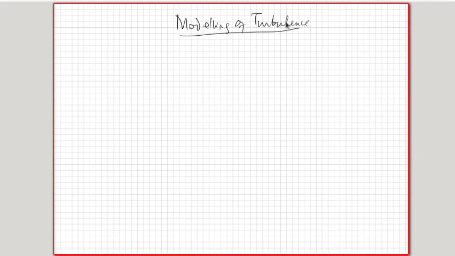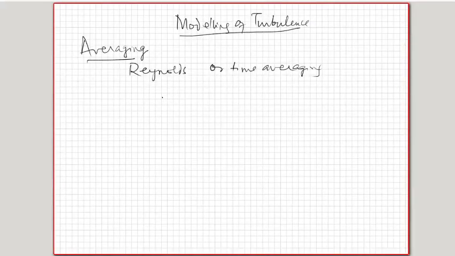In modeling of turbulence, primarily we use averaging. Okay, we had studied about Reynolds averaging or time averaging. That is, you integrate between 0 to some time period Tp, u dt gives me Tp times u bar.